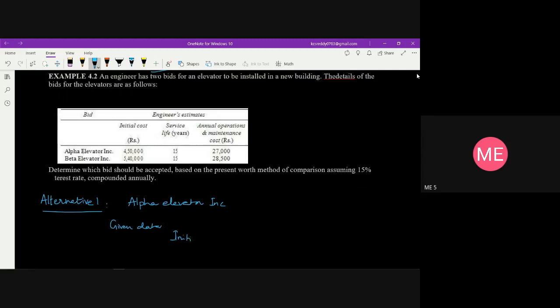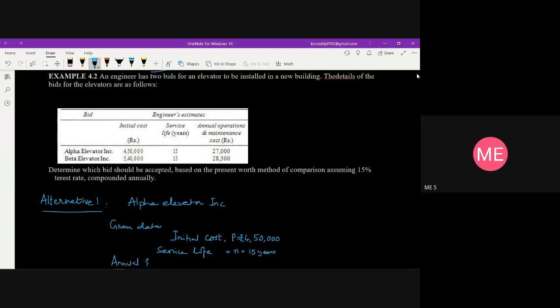Initial means it is at time 0. So initial cost, which will be taken as P, is rupees 4,50,000, and it is given that service life, which is equal to N, is 15 years.